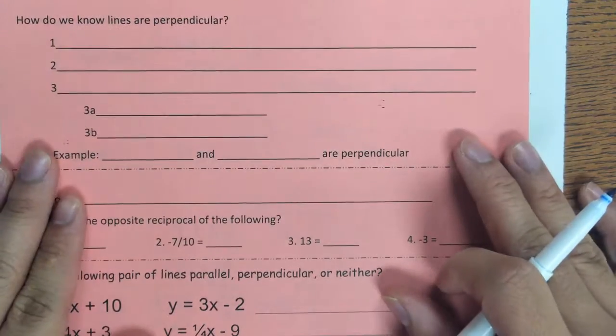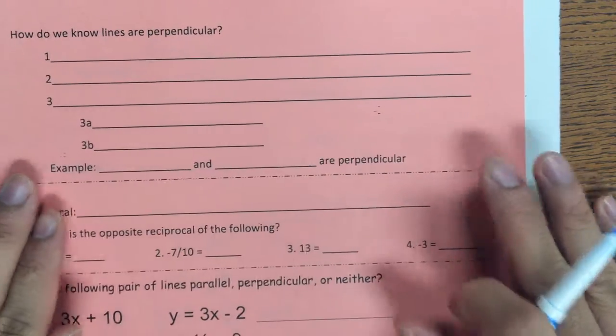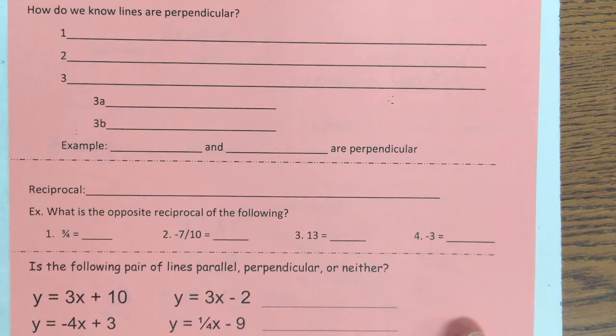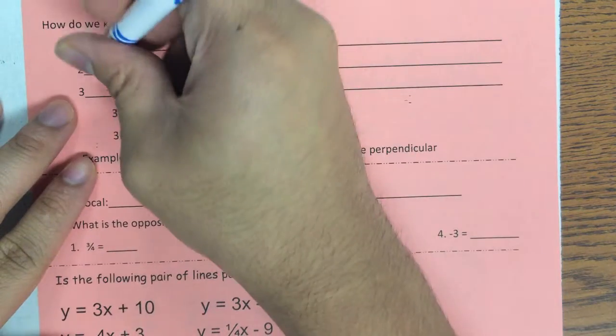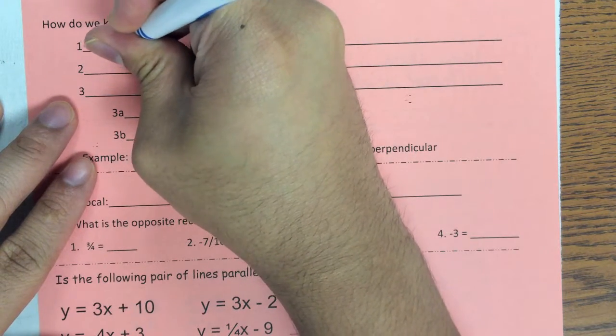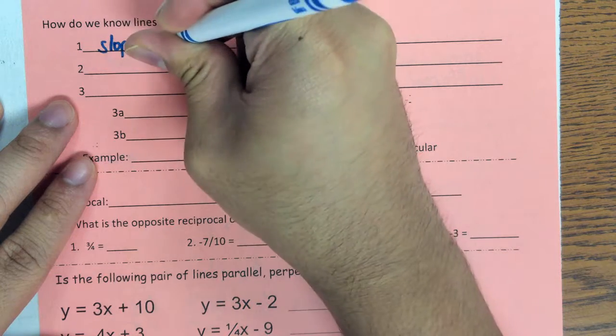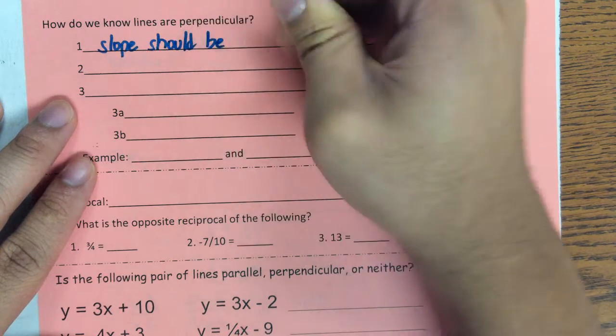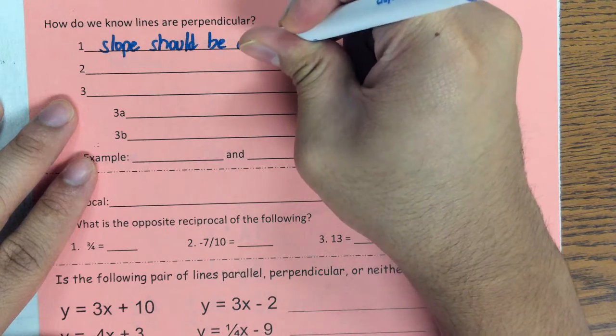Okay. So now let's move on to perpendicular lines. For perpendicular lines, I know I have all these blanks, but really, there's only one important criteria we have to look at, and that is slope. Slope should be opposite reciprocals of each other.